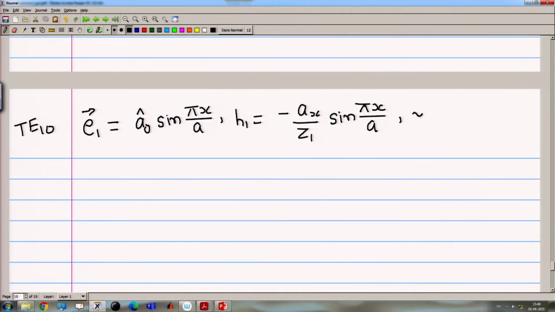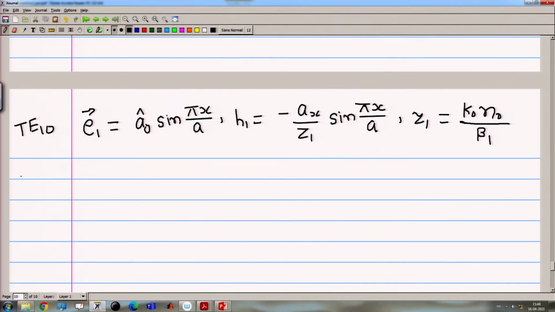Here Z1 is the wave impedance for the TE10 mode, that is k0 eta0 divided by beta 1. We have to calculate for both TE10 and TE20.